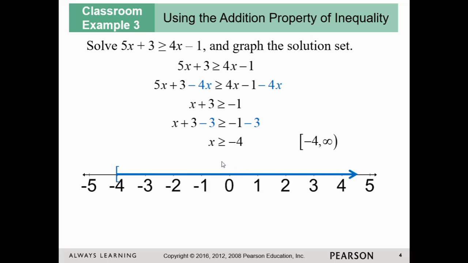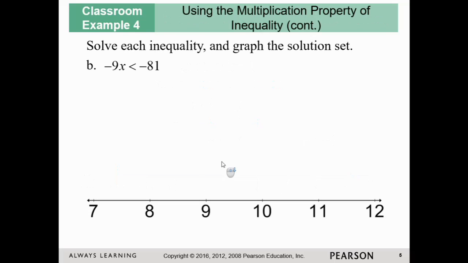Now there's one thing that we do need to keep in mind when we're solving inequalities, and that is if we ever divide or multiply by a negative number, we rotate the sign. So in this case, we would use the multiplication property of an inequality by dividing both sides by -9.